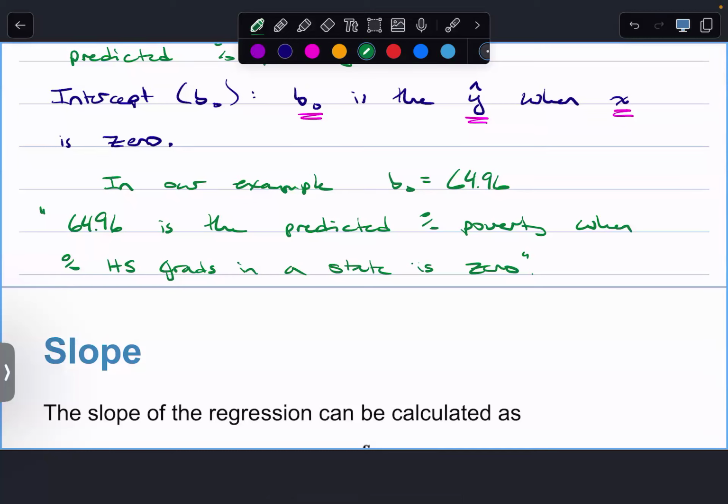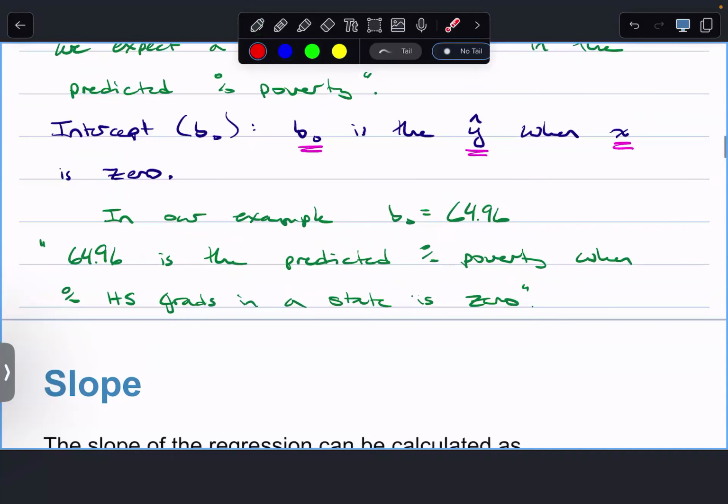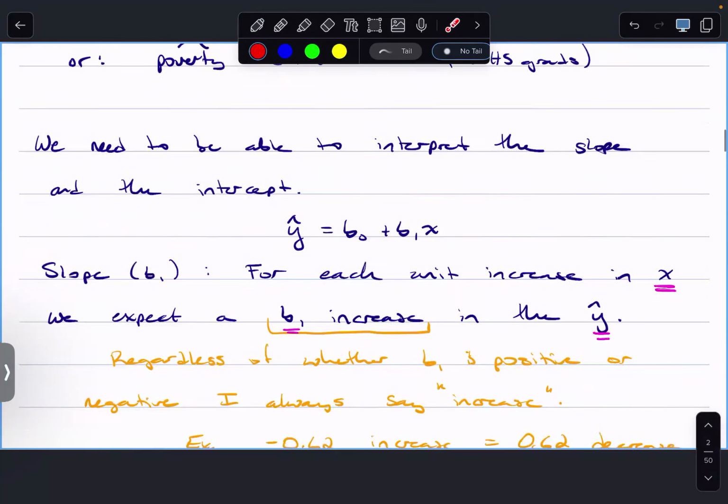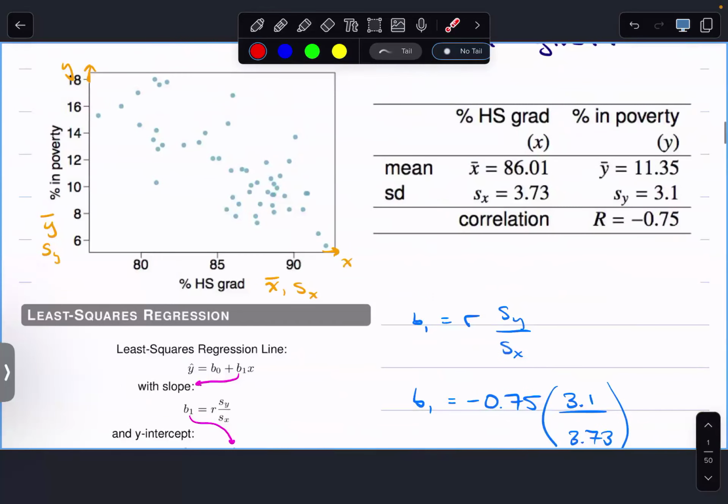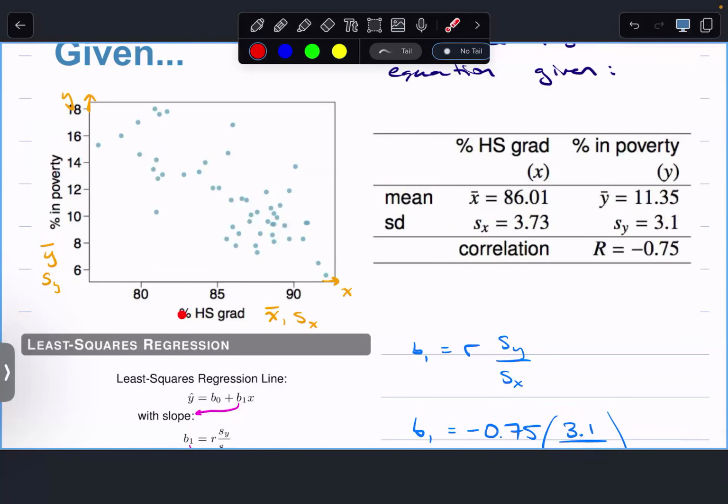I don't want to add a page here because it's on the next slides, but a follow-up question would be, well, sometimes the intercept is meaningful and sometimes it's not. Do you suspect that we'll have a state where the percentage of high school grads is 0? We can look back at our original scatter plot. Our data only goes between roughly 75 and 95% high school grads, right?